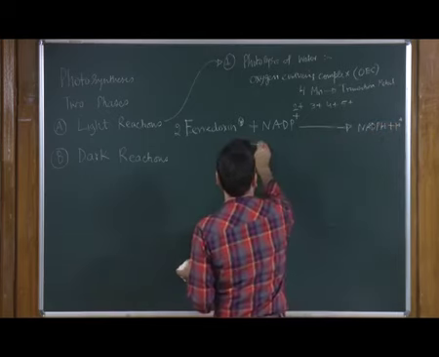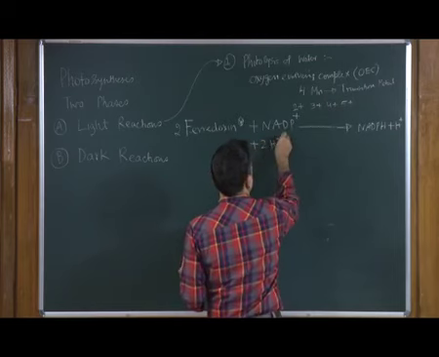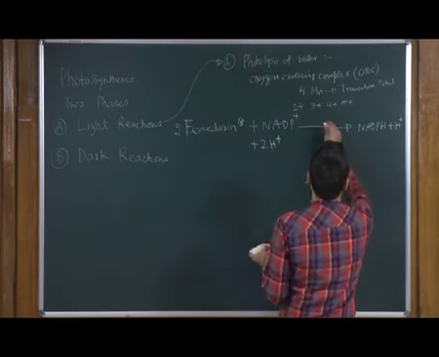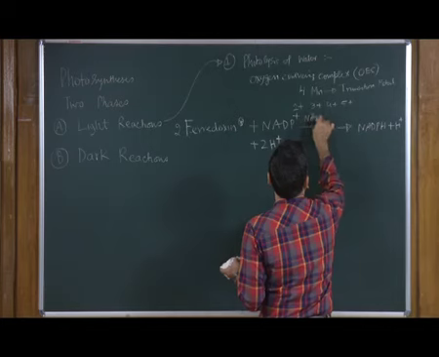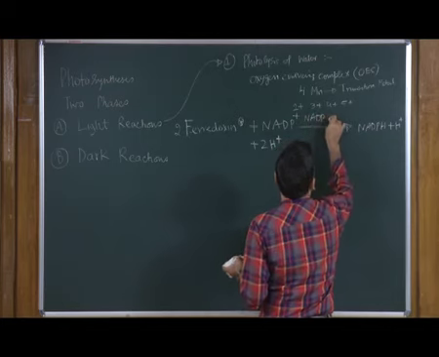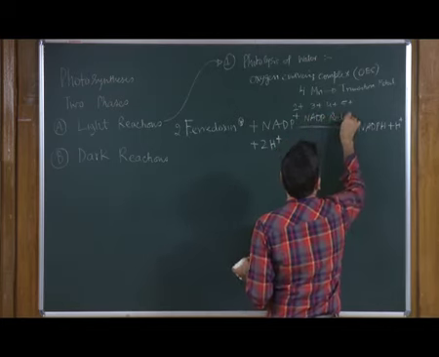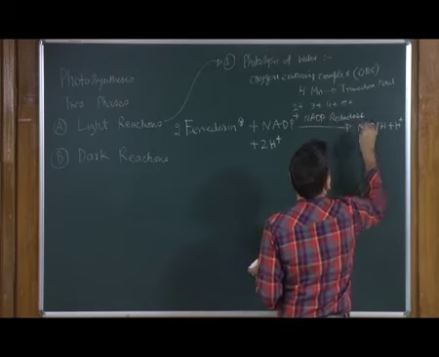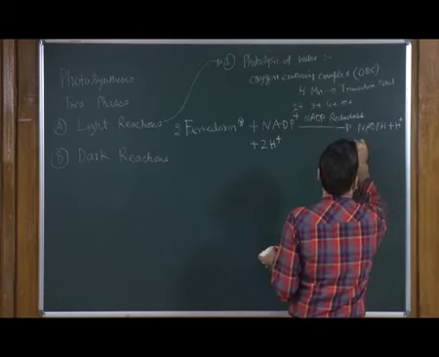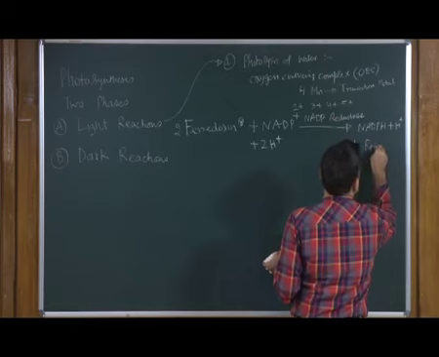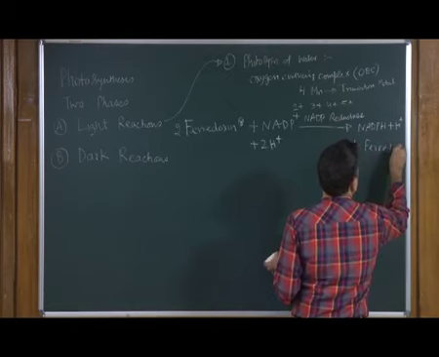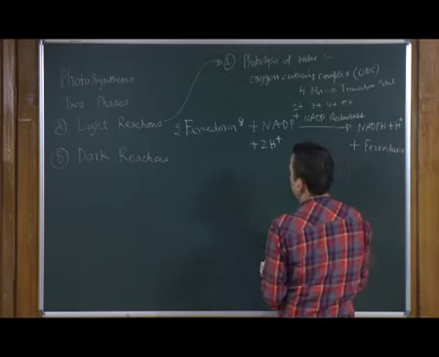So, here you have 2 molecules of H plus, and the enzyme is NADP reductase, and you are going to have the ferredoxin back. Okay.